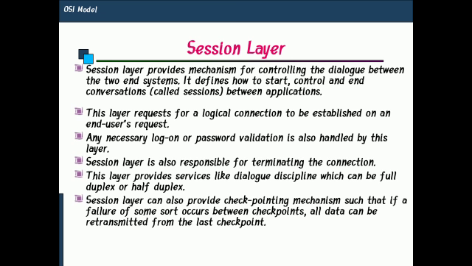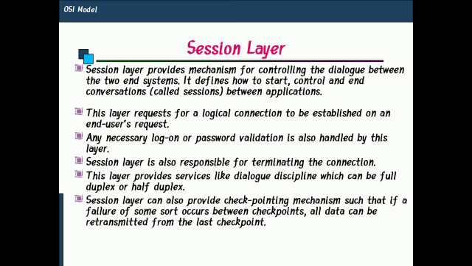The session layer is also responsible for the termination of the connection. The layer provides services like dialog discipline, which can be full duplex or half duplex. It can also provide a checkpointing mechanism, such that if a failure of some sort occurs between checkpoints, all the data can be retransmitted from the last checkpoint.